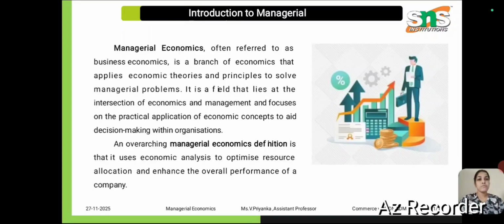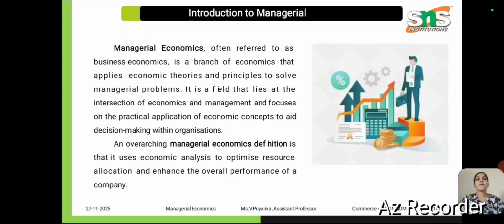So these four things we should know while selling a product. If we sell a product without knowing this, the product cannot be sold. So before selling a product, we must think of how much of the product to produce, how much to sell to the customer, what price to fix, and how to use resources effectively. So we should know that first.